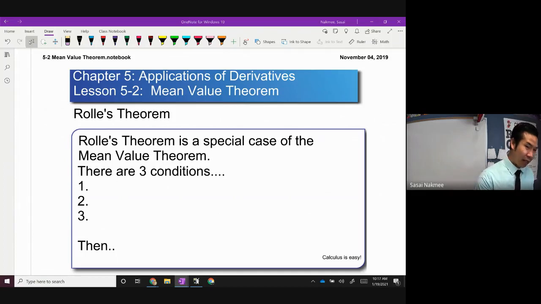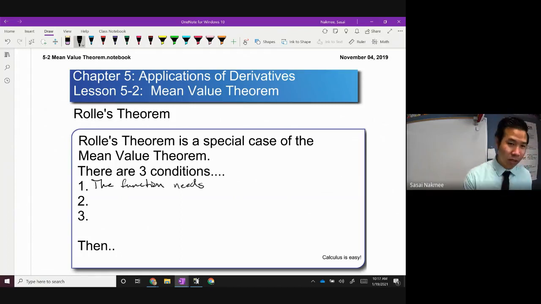The function you're talking about, f of x or whatever, needs to be continuous. Let's write that down. Rolle's theorem is a special case where these three conditions are met.